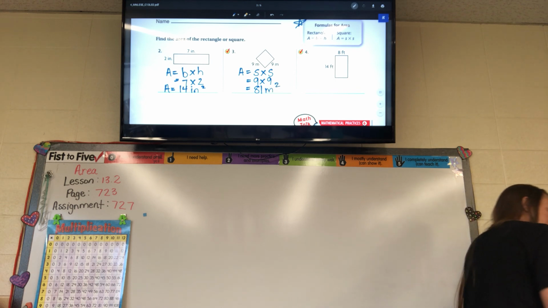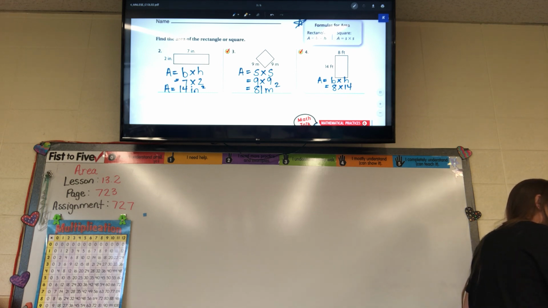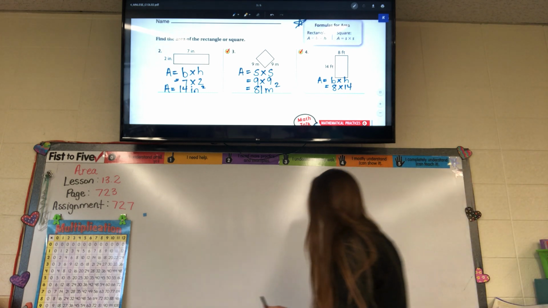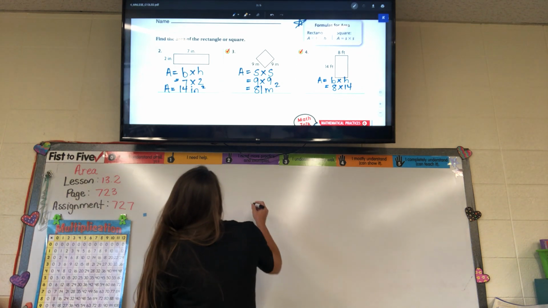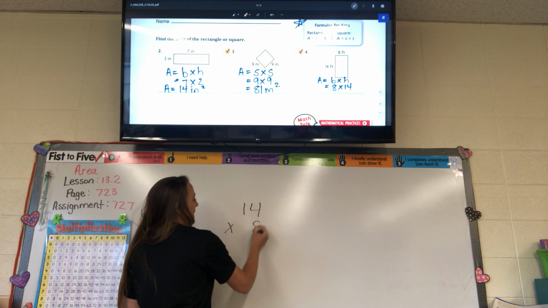The last one is a rectangle, so area equals base times height. We'll use the base of 8 times the height of 14. I'm going to come over here on the board and work this one out. 14 times 8.